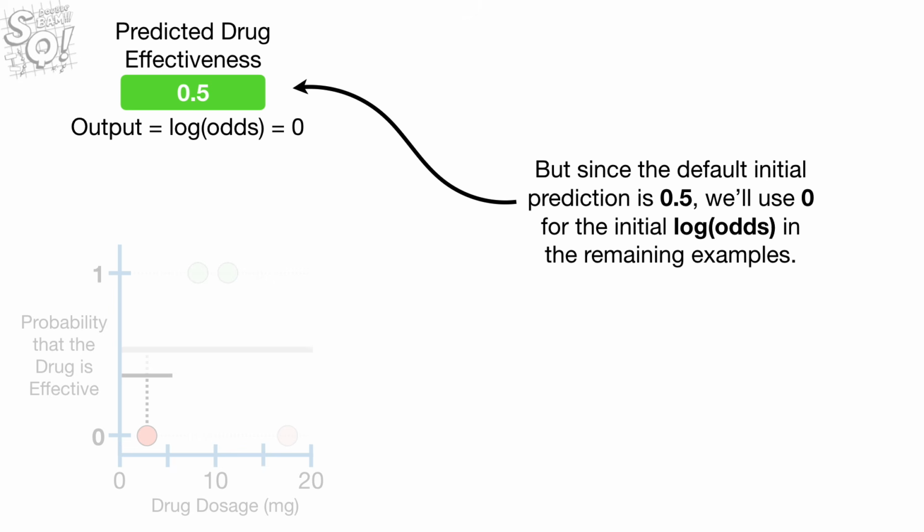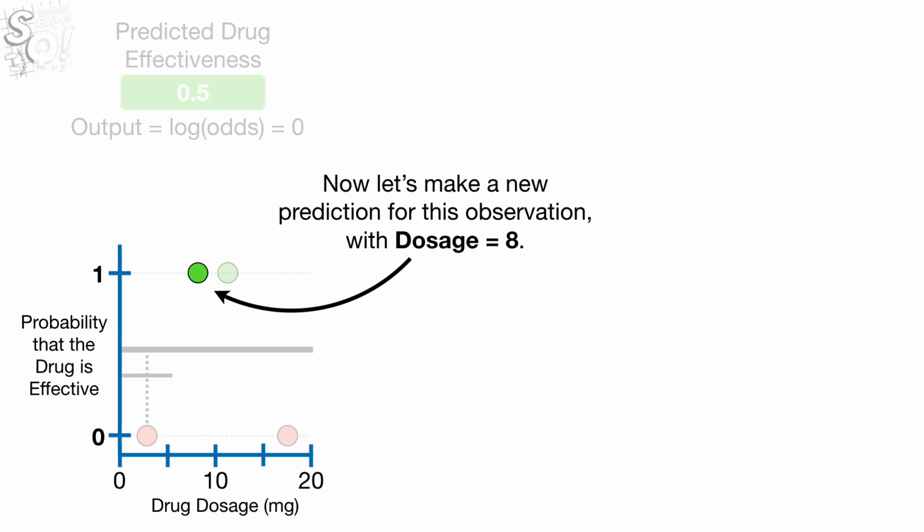But since the default initial prediction is 0.5, we will use 0 for the initial log of the odds in the remaining examples.